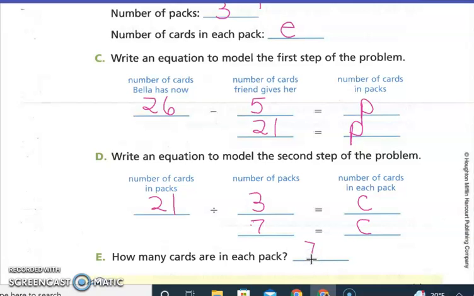Okay. Cards. Very good. Thank you, Brecken. Everybody should write cards out there. I thought it was E. Was it E? Yeah. Okay. Jason says this is E. Each pack.